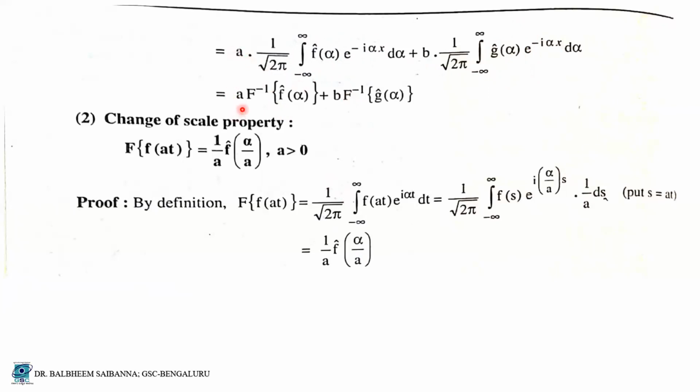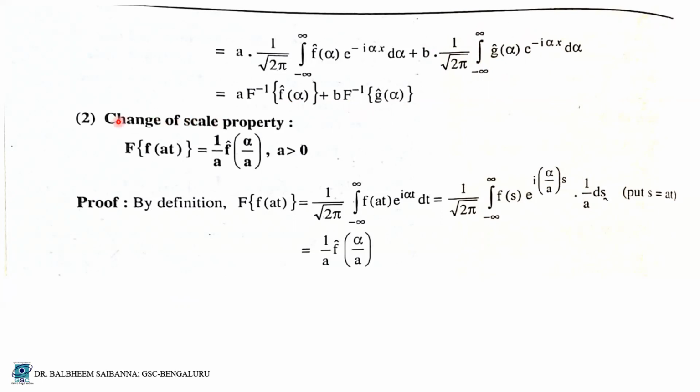Writing a as it is, this can be written as F inverse of f cap alpha; b is constant. This integral, by using the inverse complex Fourier transform definition, we can write as F inverse of g cap alpha. I hope you are all understanding.